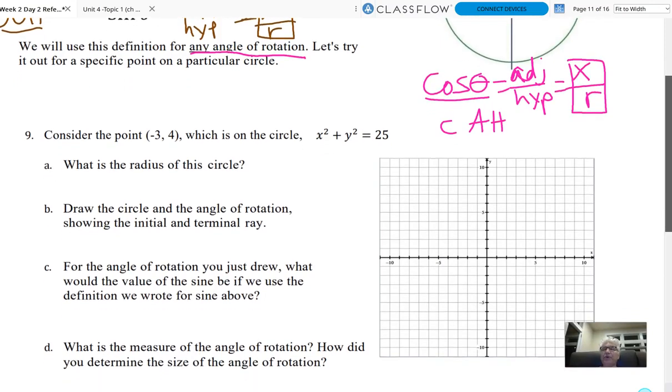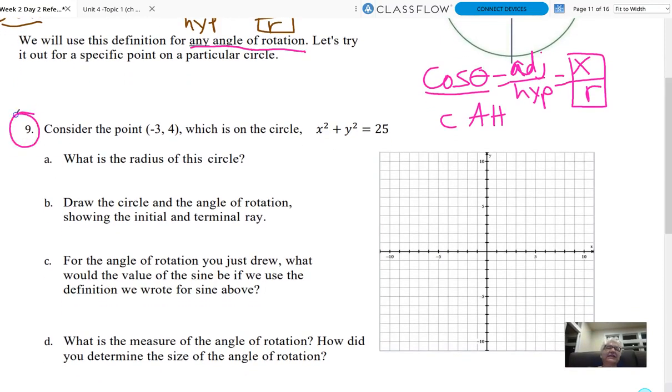So first example, please pay attention. This is similar to your homework. So if you can do this and follow this, you'll be able to do your homework. Step 1, even before it asks A to find the radius, you're going to graph this point on your circle. -3 says go over 3 to the left and up to 4.